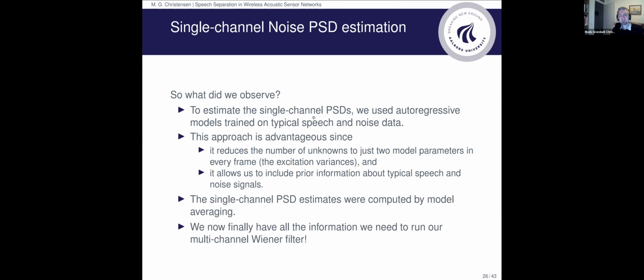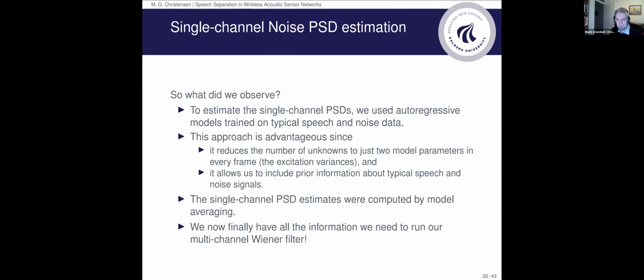So what do we see here? To estimate the single-channel power spectral densities, we used autoregressive models trained on typical speech and noise data. And this approach is advantageous because it reduces the number of unknowns to just two model parameters in every frame, which are the excitation variances. And it allows us to include prior information about typical speech and noise signals, and even specific ones, as I mentioned.